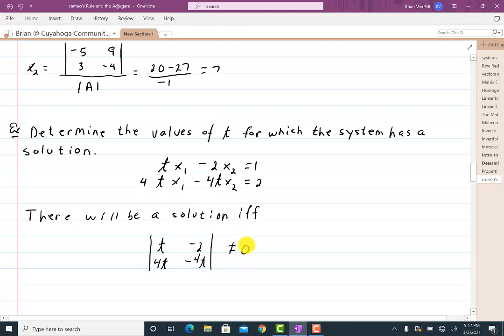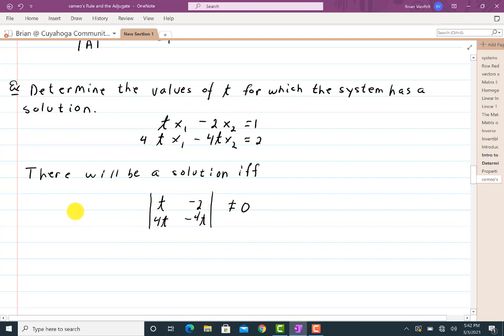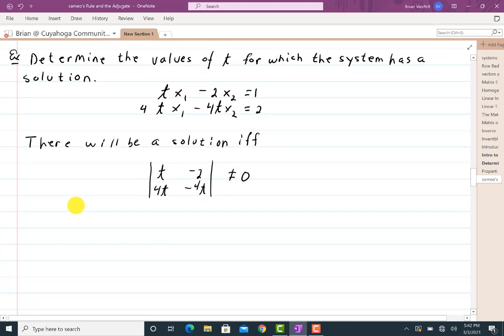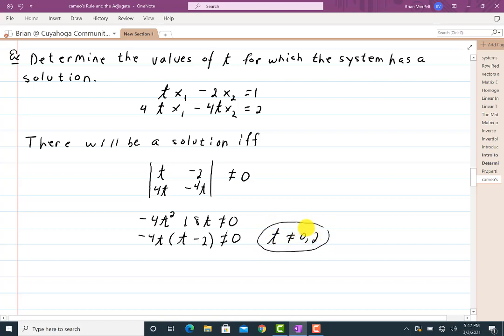And I really don't see a need, unless they want you to figure out what the solutions to the system are, which I might do. But let's take a look at the determinant that we have here. Then we get -4t squared plus 8t, and that's not supposed to equal 0. Let me take out a -4t, and that will leave me with t minus 2 inside of the parentheses. That's not equal to 0. So from this we can see that t should not equal 0 or 2. So that completely answers the question that was asked there.